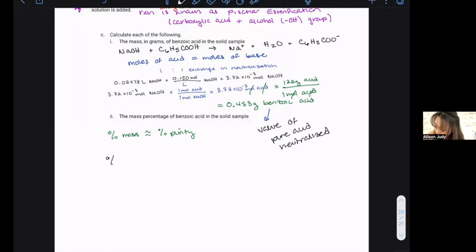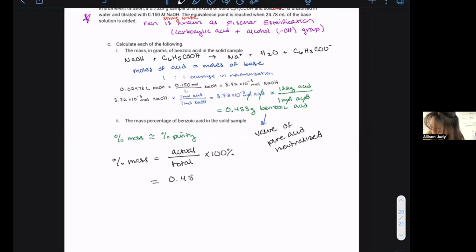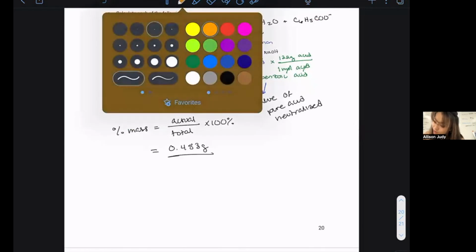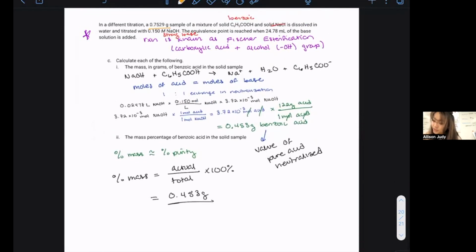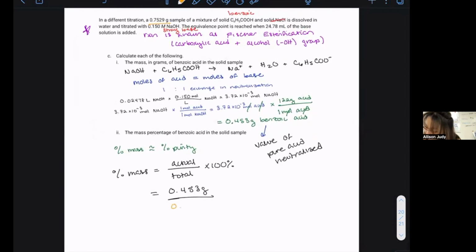So you know that the percent mass, or percent purity, is going to equal actual over total times 100. We're told that our actual, which we determined in part C1, is 0.453 grams. But according to our prompt, we started with a mixed sample size of 0.7529 grams.